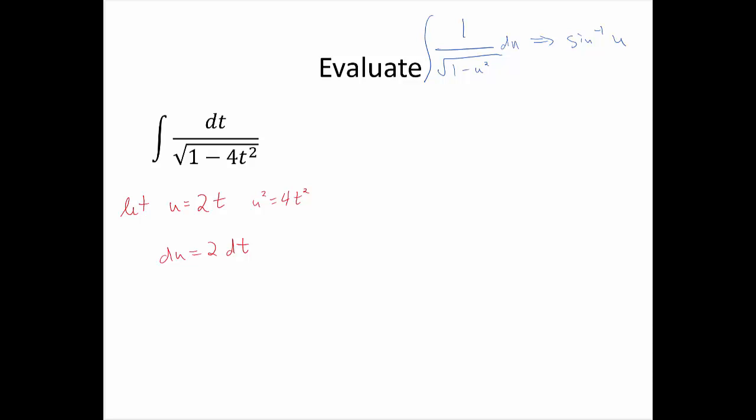Alright, so let's see. I need to bring in a 2 here. And so then I would need a 1/2 outside the integral. And the 2 dt now, there's my du. So this looks like it's going to work. So then I'd have 1/2 integral of 1 over the square root of 1 minus u squared du.